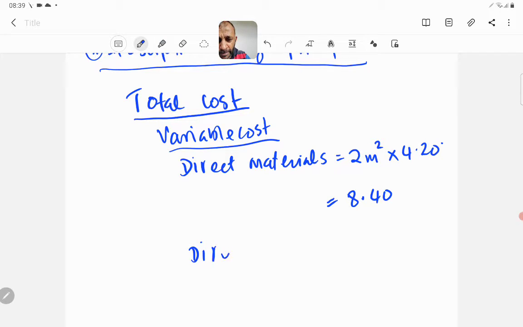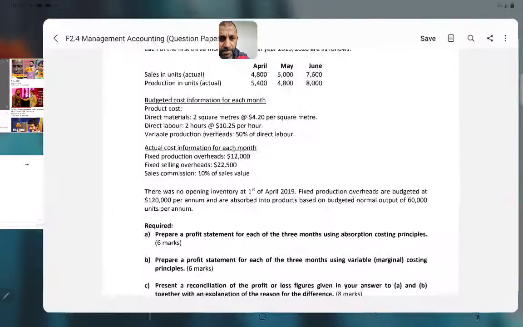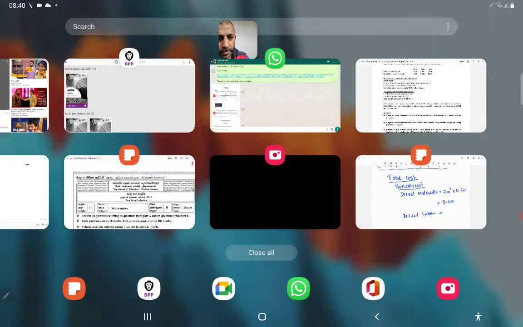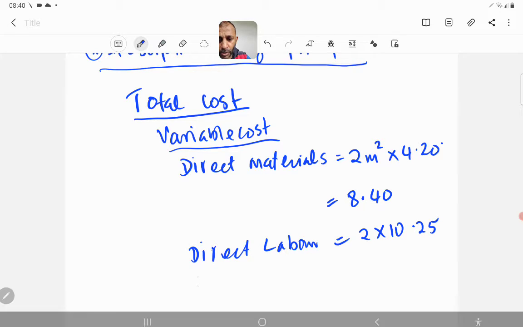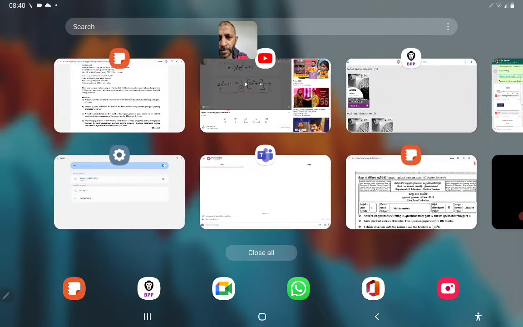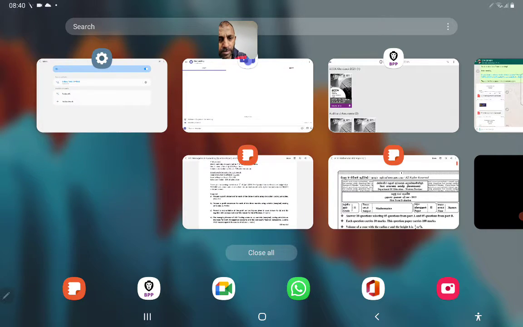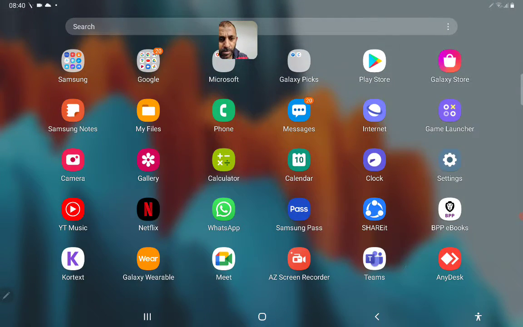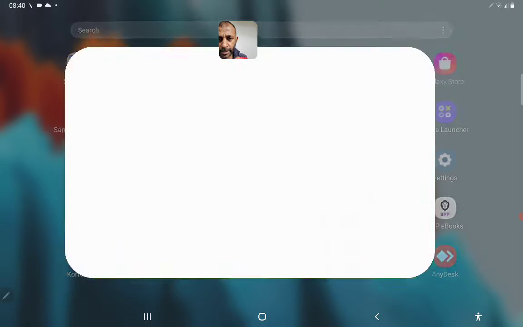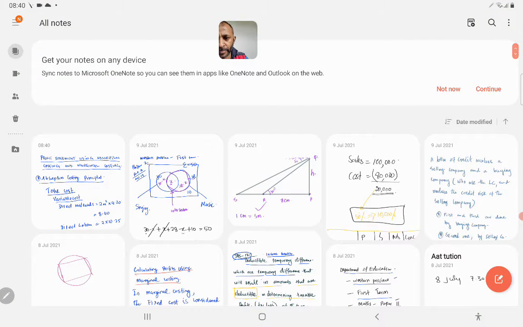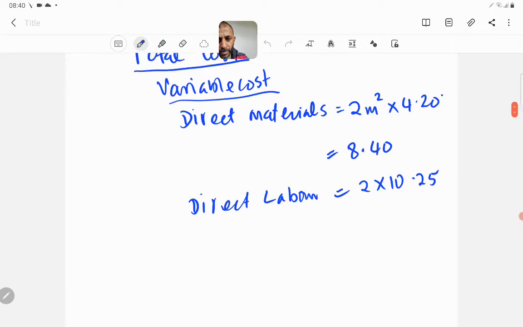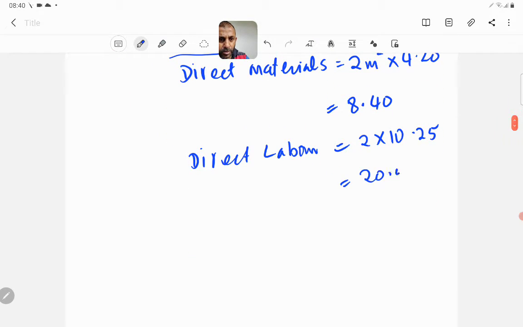And then direct labor is 2 hours into 10.25, which is 20.50.